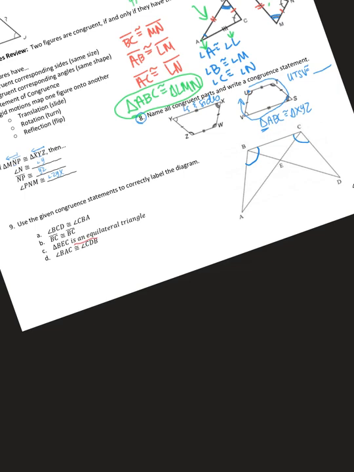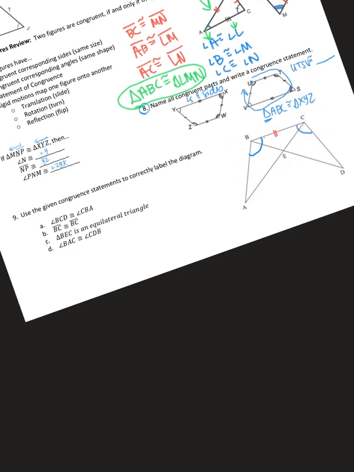It says BC is congruent to BC, and so BC is only on here once, but it's used twice. Okay, or maybe 3 times. So it's used on triangle ABC and triangle DCB. So we can mark something congruent to itself. Okay, and then I'm going to let you go ahead and do C and D on your own.